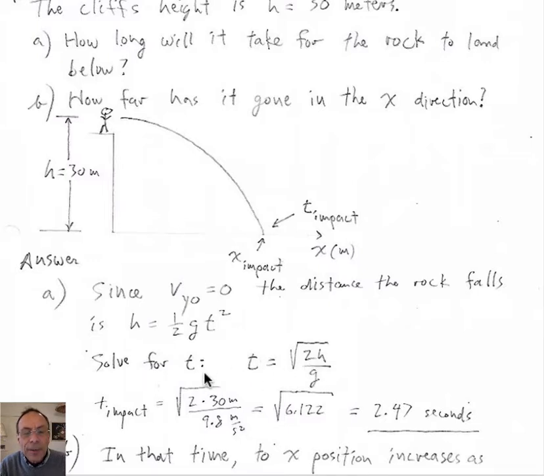I can now plug in my numbers. I was given that the height is 30 meters, and we're going to use g equals 9.8, and I get 2.47 seconds. So that is my t impact. So we have taken care of the A part of the question.